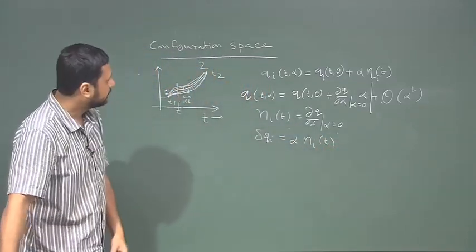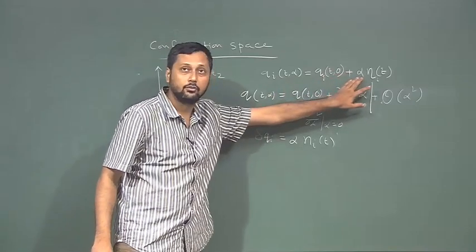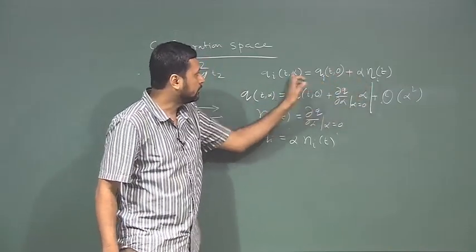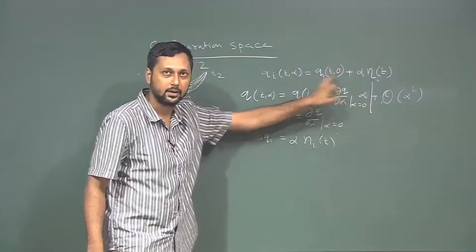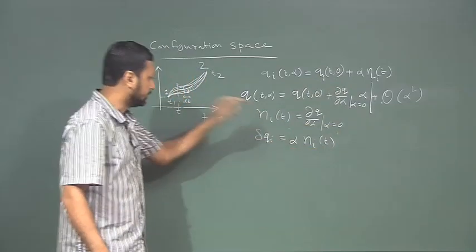So this is an infinitesimally small variation of a function which depends explicitly on time. We can write it in this particular form.